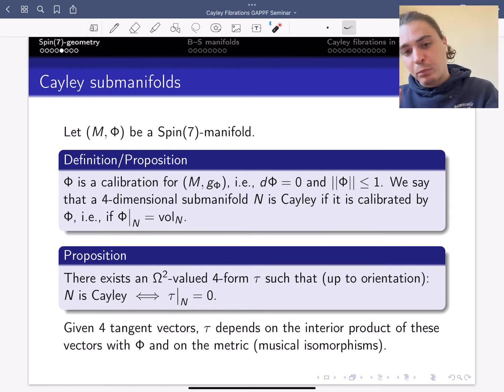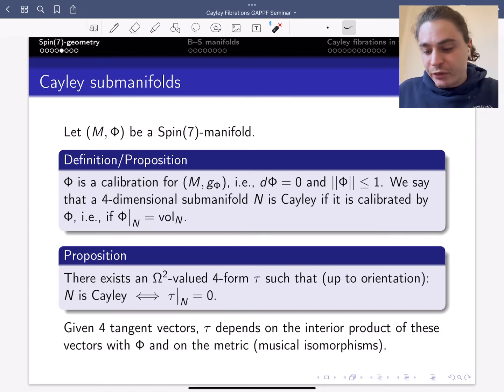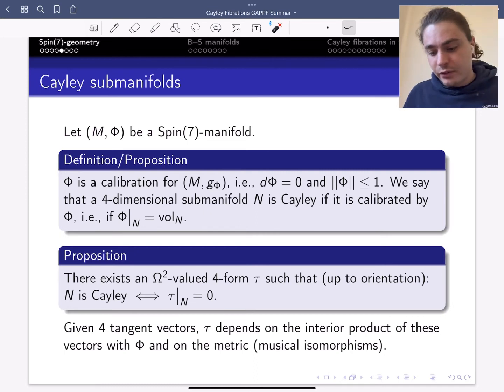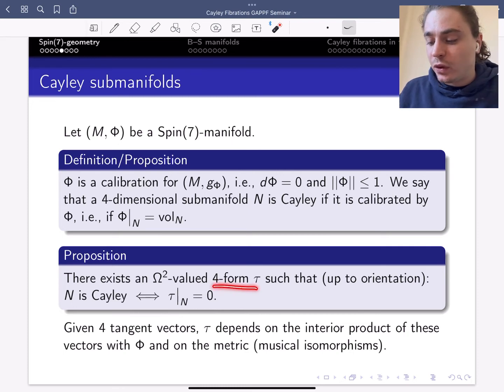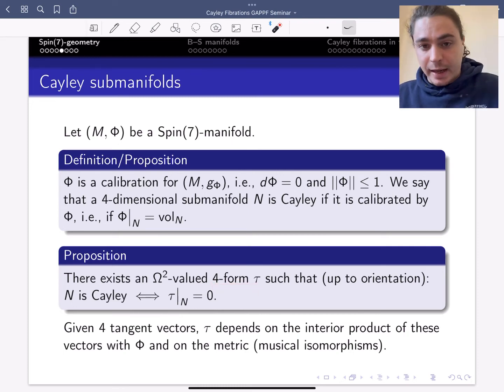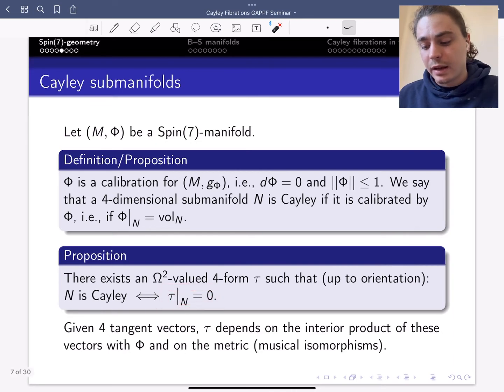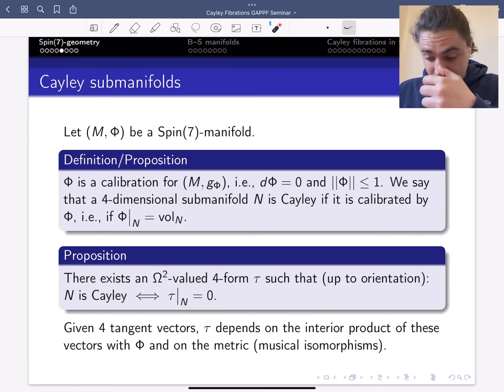Working with calibrated geometry and with a calibrated condition is not as convenient as one can think of. So there is this proposition characterizing Cayley submanifolds. We have an Omega^2-valued four-form tau such that, up to orientation, N is Cayley if and only if this form vanishes on N. So what does it mean?